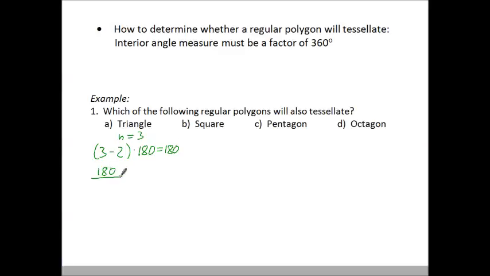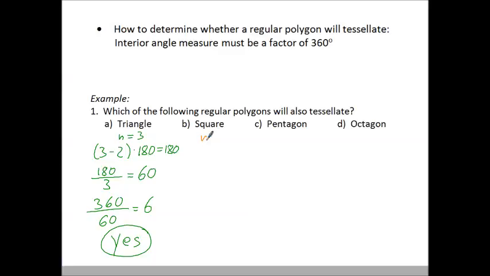Dividing 180 by 3, we get 60 degrees for each interior angle. And dividing 360 by the measure of one interior angle, we get 6. And that is why triangles tessellate.